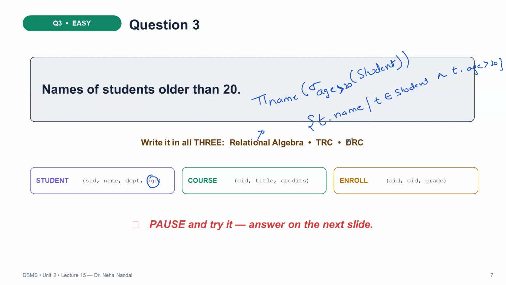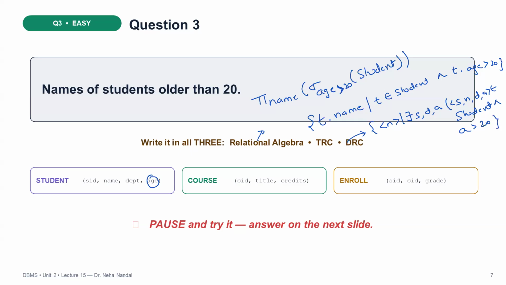Now in the same way, if you try DRC, again we want to just display name. So again, you write down just name and you will bound other columns with there exists first. Then you will give your condition: S, N, D, A, they all belong to student, and one condition will apply, that your age A is greater than 20.